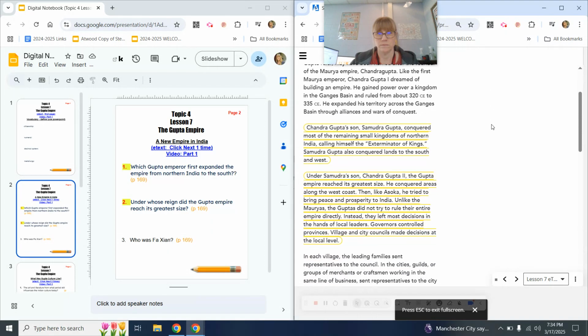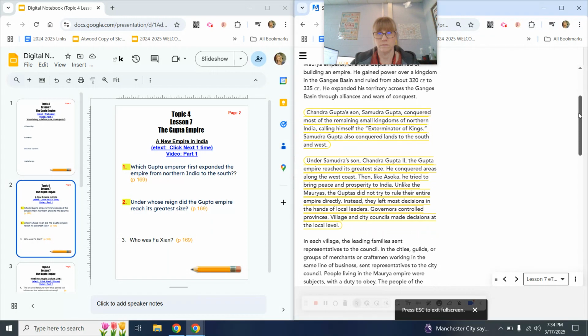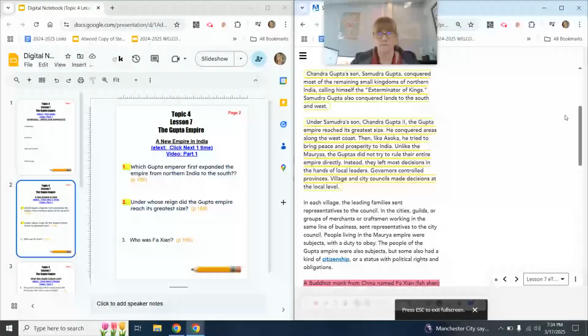He expanded his territory across the Ganges basin through alliances and wars of conquest. Chandragupta's son, Samudragupta, conquered most of the remaining small kingdoms of northern India, calling himself the exterminator of kings. Samudragupta also conquered lands to the south and west. Under Samudragupta's son, Chandragupta II, the Gupta Empire reached its greatest size.